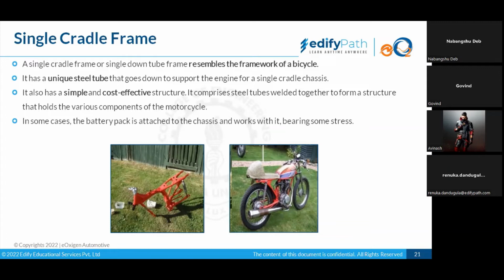Normally it is for lighter bikes, not very heavy bikes, and it resembles the chassis of a cycle. In some cases, the battery pack is attached to the chassis and works with it, bearing some stress. As we said, the engine portion where you place an engine for a normal IC bike, you can replace it with a battery in case of electric vehicles.